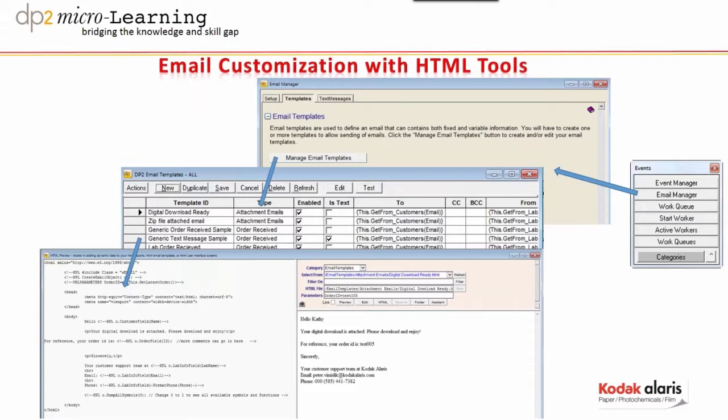And then when you double click on one of these records in the dp2 email templates table, that opens up the real stuff, which is the HTML and the KPL commands that, when run through your dp2 web server, return the actual results that your customers would see in their browser.